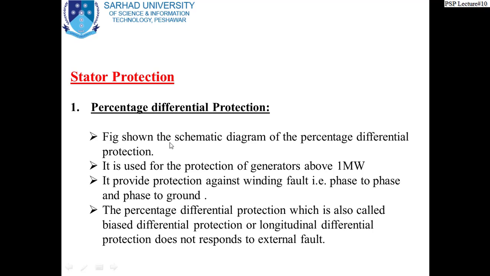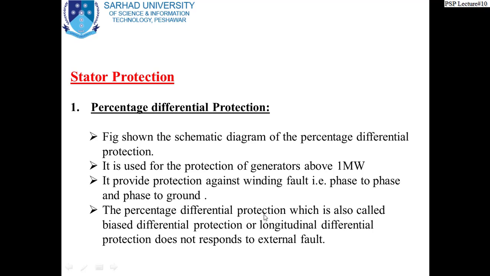Percentage differential protection is basically used for it. The figure shows the schematic diagram of the percentage differential protection. It is used for the protection of generators above 1 megawatt. It provides protection against winding faults, that is phase to phase and phase to ground.